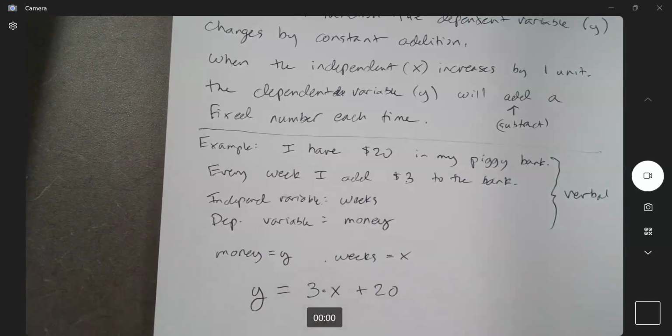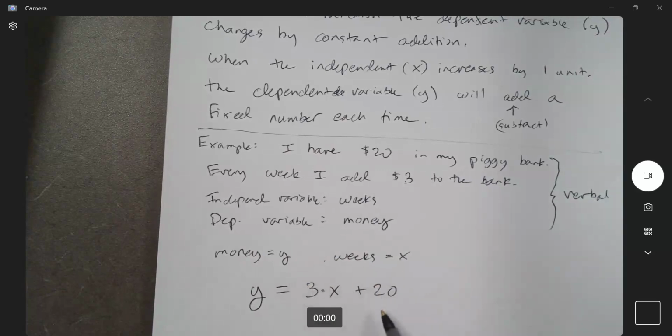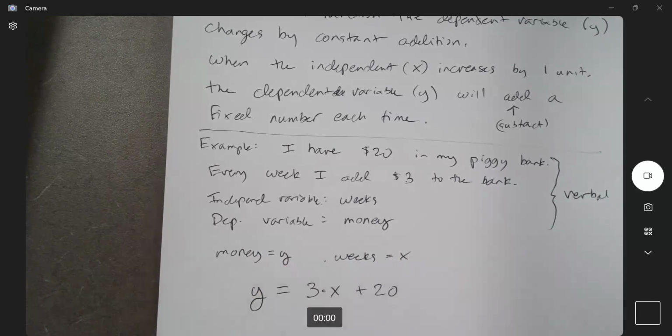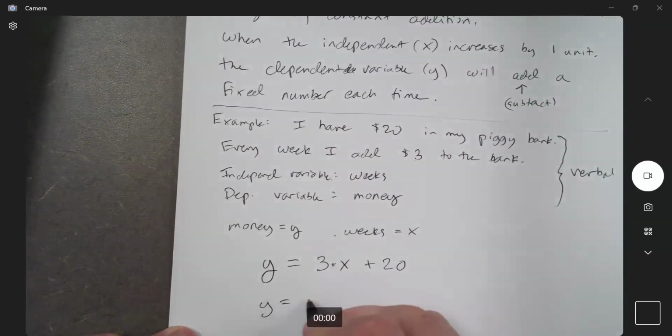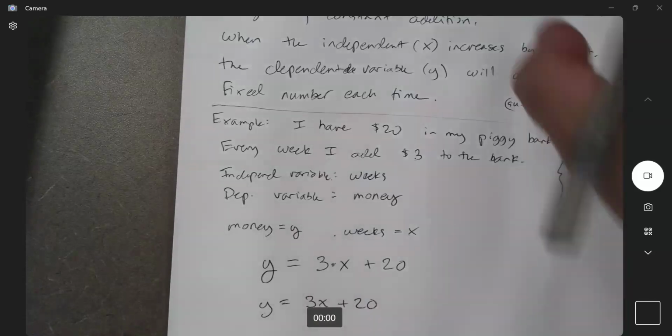And often when we do a formula, we don't put the units. We're not doing the little dollar sign and things like that. But it needs to be understood if it's a situation that this y is money in dollars and this x is weeks. And I put a dot there to show the multiplication. Most of the time, when you're multiplying by a variable, you don't do a dot, you just do 3x plus 20.